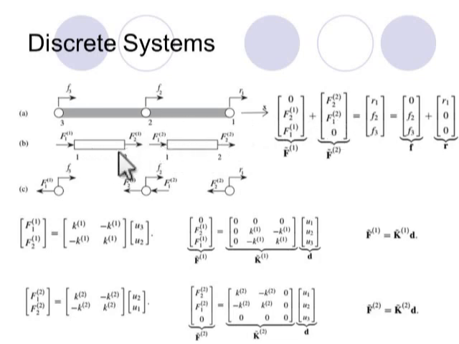So this is why F2 is the second member of this vector, and the first node is the third node of the global system.